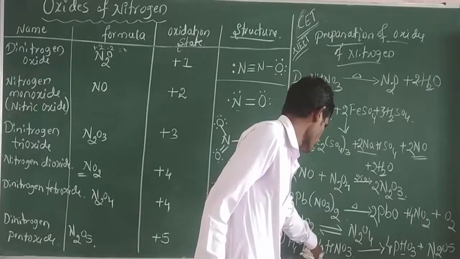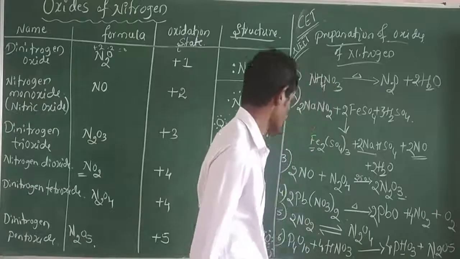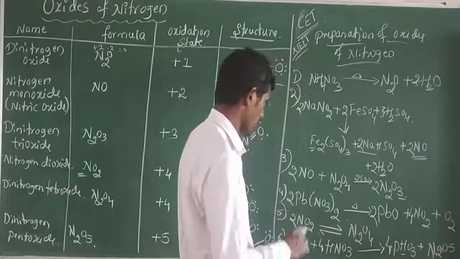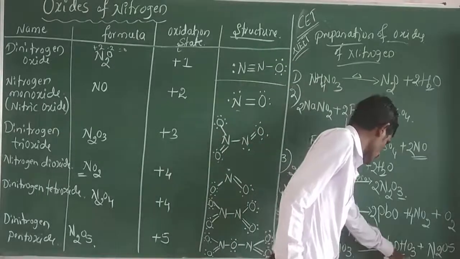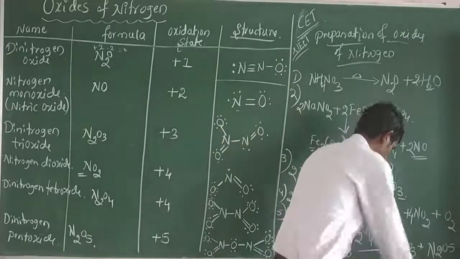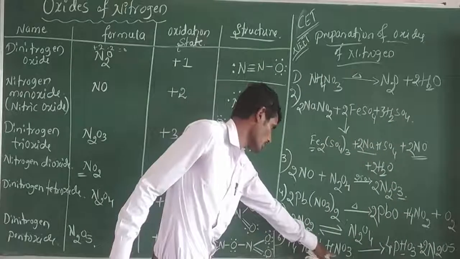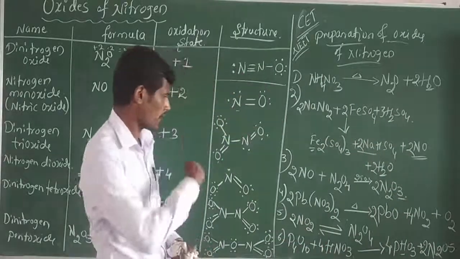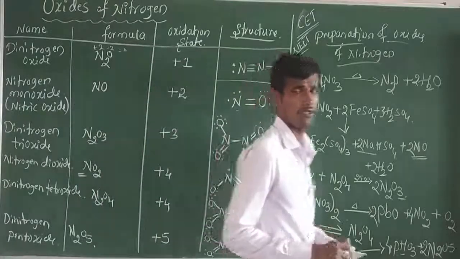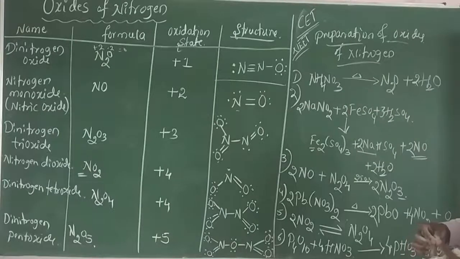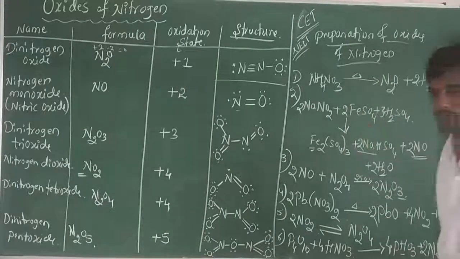And what about oxygen? 4 into 3, 12. Then make this 2 because 4 nitrogen atoms here. Okay, this reaction shows the formation of particular oxides of nitrogen. Yes, these reactions are very helpful for your CET examination.